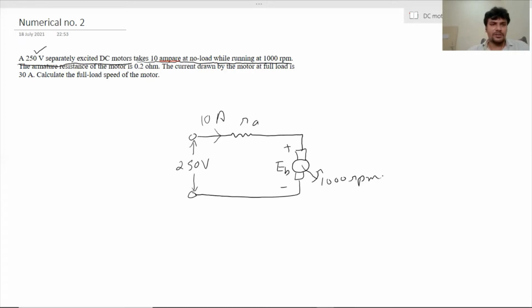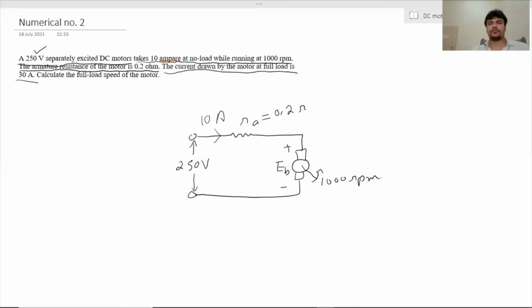And what does this question then ask? Another data is given: the armature resistance of the motor is 0.2 ohm. Then the real question comes at the last. But before that, the current drawn by the motor at full load is 30 ampere.